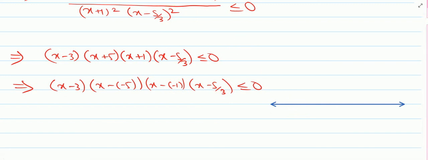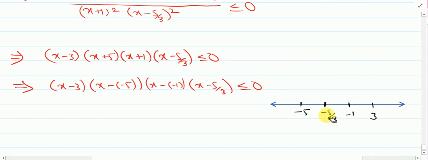So minus 5, and here minus 1, sorry, one second, minus 1 and here it will be 5 by 3 and here 3.